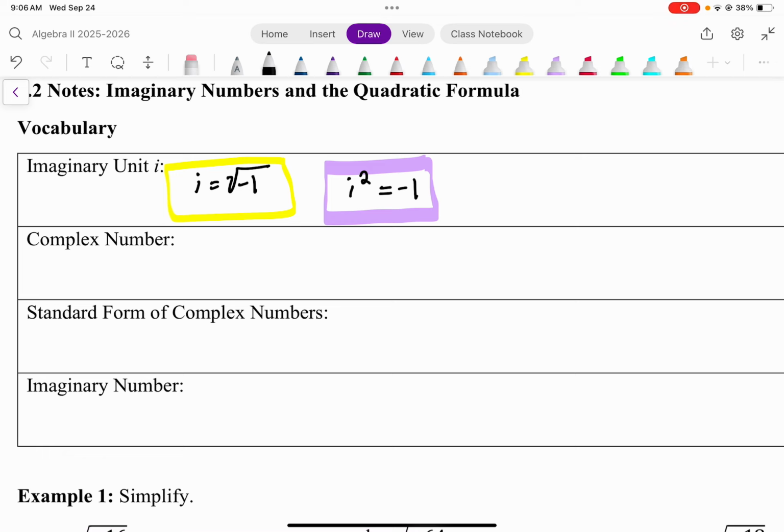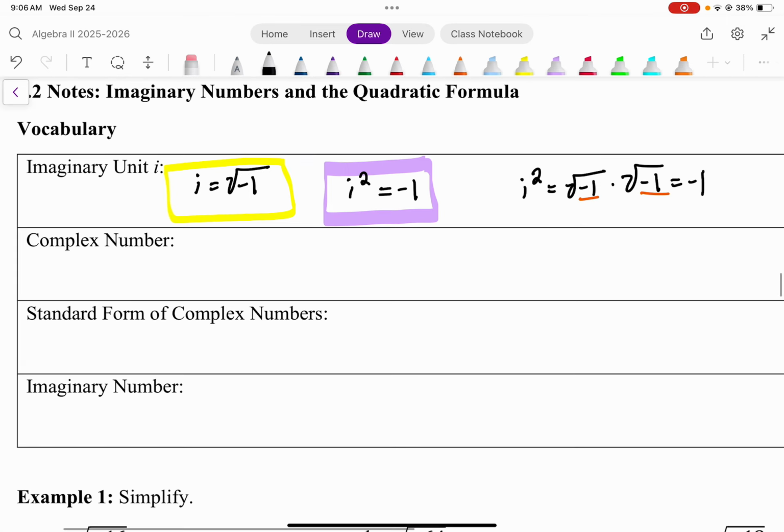The reason i squared is equal to -1 is because i is equal to the square root of -1. So when we take the square root of -1 times the square root of -1, anytime you take a square root multiplied by the exact same square root, it's just equal to what's under that square root sign. So that is where the -1 comes from.